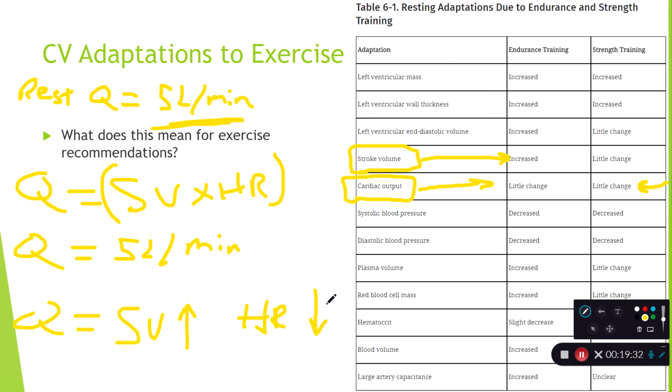This means here that when you are well trained, especially well trained in endurance training, at rest, your heart is extremely efficient. The lower your heart rate at rest, the better. The higher your stroke volume at rest, the better. The higher your stroke volume anytime, the better.